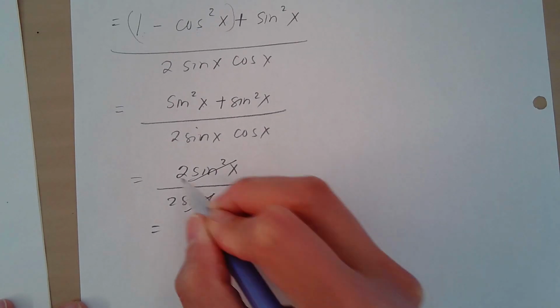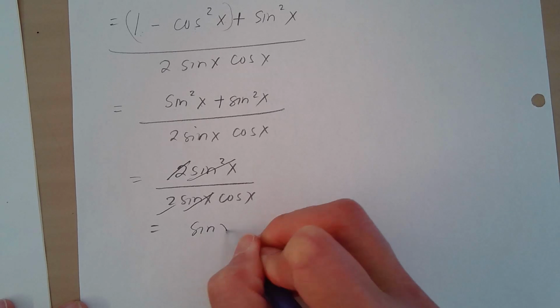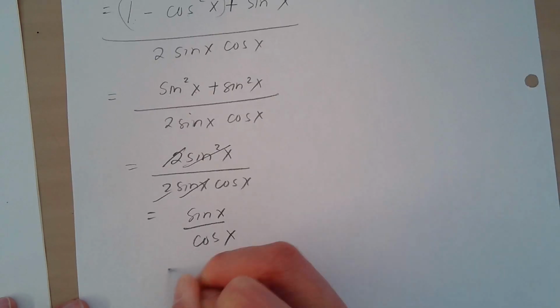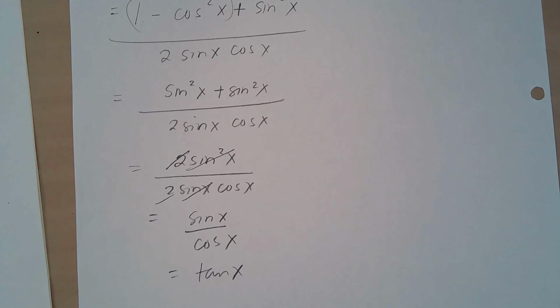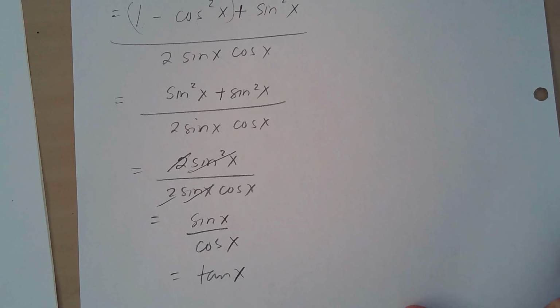And the 2 cancels, we're left with just one factor of sine of x, cos of x, tan of x. Okay? So here I had 2 possible solutions, 2 possible ways. So got option 1 and option 2. Okay, so far so good.